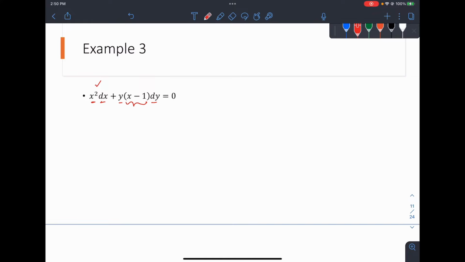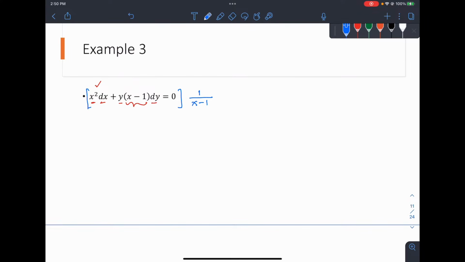Since this is a product of y and x minus 1, I can simply multiply the entire thing by the reciprocal of x minus 1, that is 1 over x minus 1.